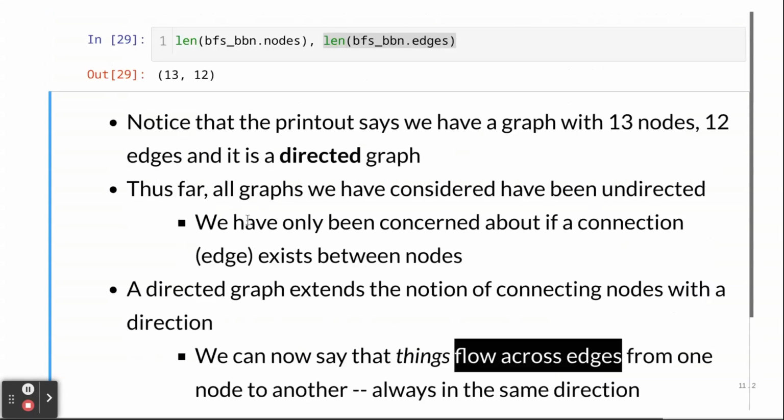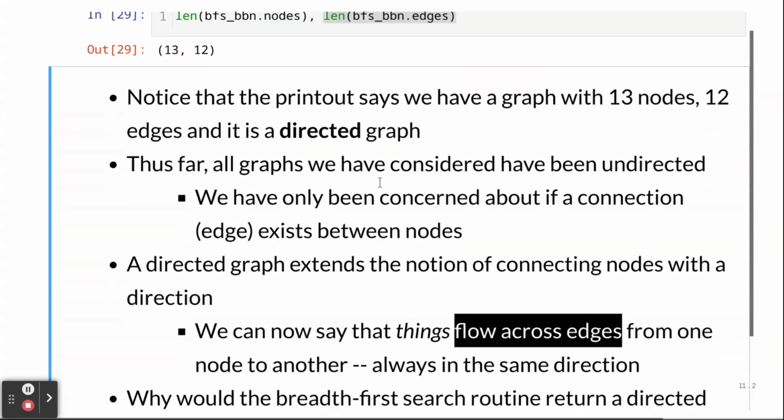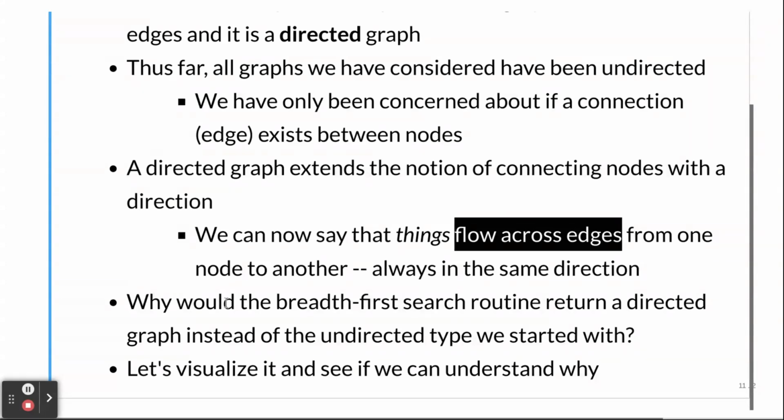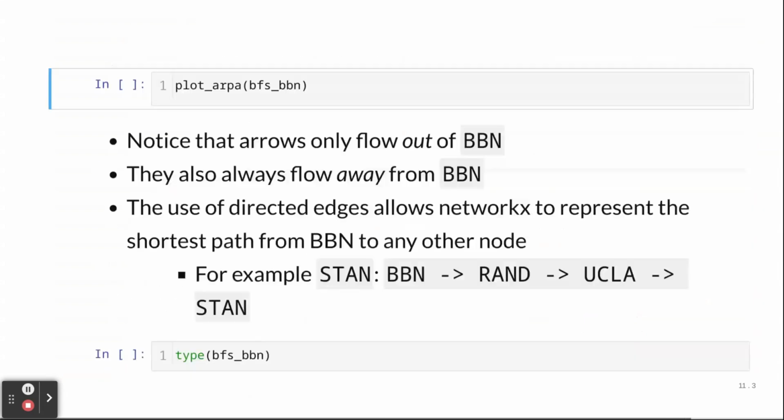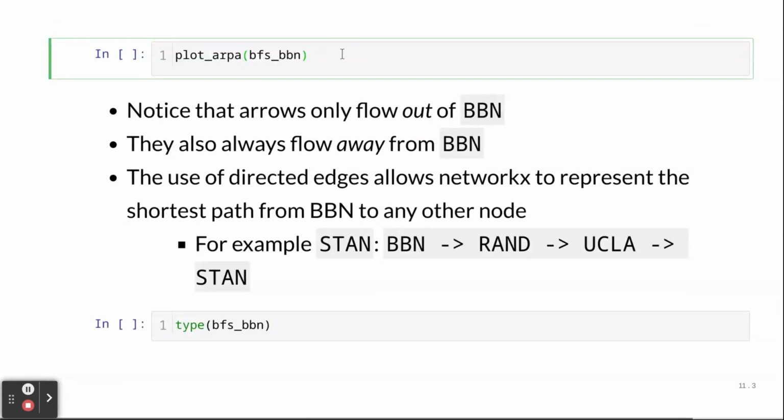Now the question is, the graph we gave it, that ARPA graph, it was undirected. So why would NetworkX, their breadth first search routine, give us a directed graph instead of the undirected one we started with? Well, to understand that, let's try to visualize it and see why.